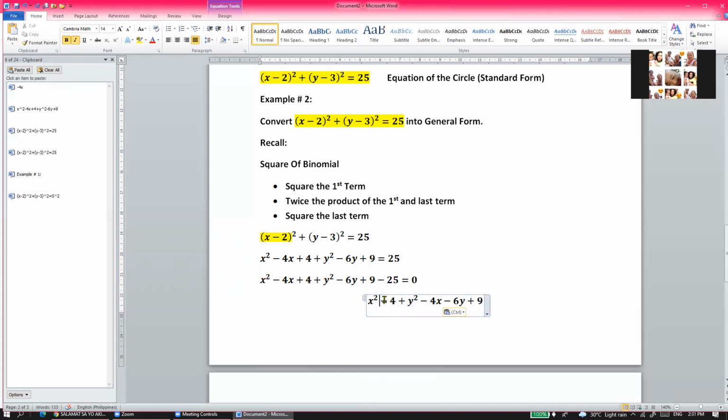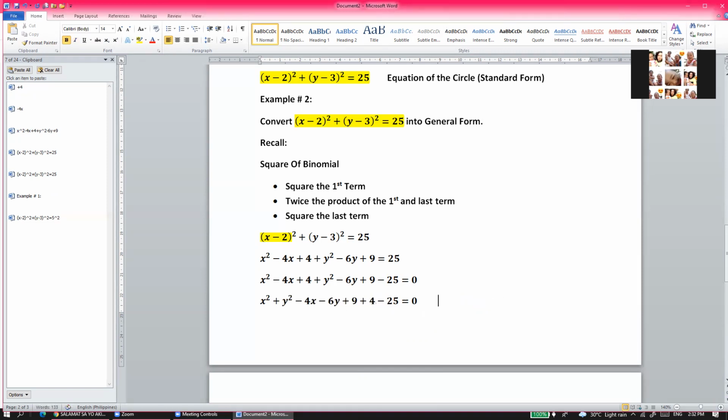Cut ko rin yung 4, lagay ko naman sa dulo. And that's the way how we arrange them: x squared plus y squared minus 4x minus 6y plus 4 plus 9 minus 25 equals 0.